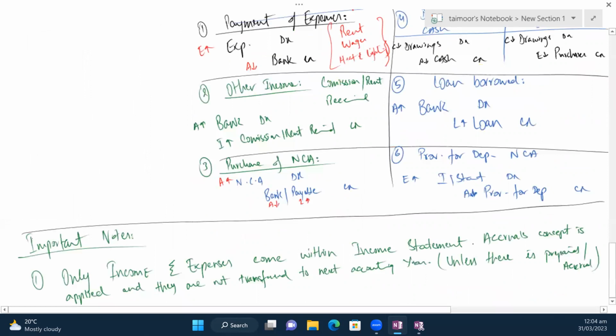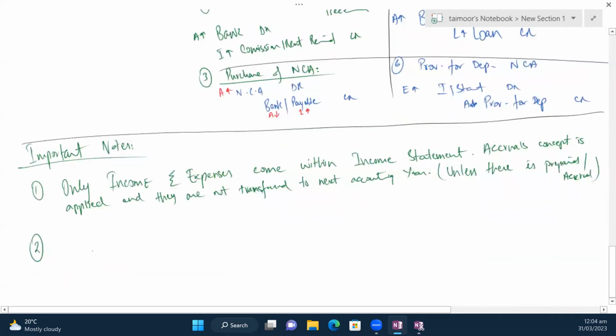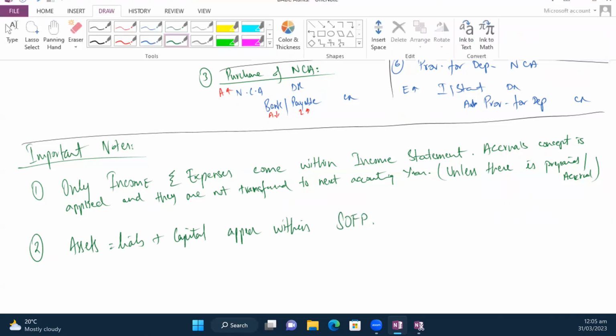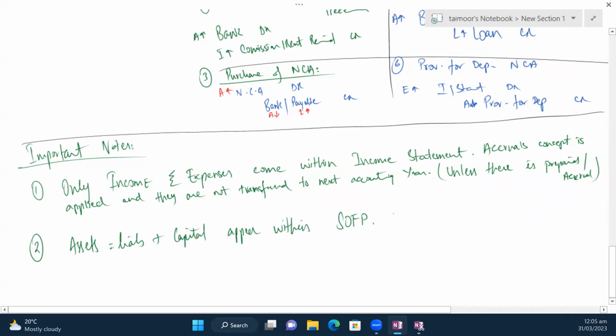Number two, assets is equal to liabilities plus capital appear within SOFP. Assets, liabilities, and capital only appear in SOFP. Okay.